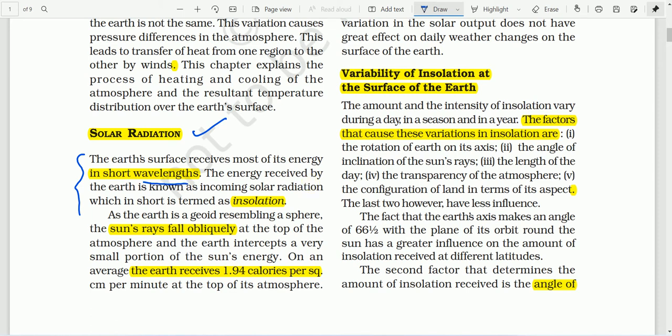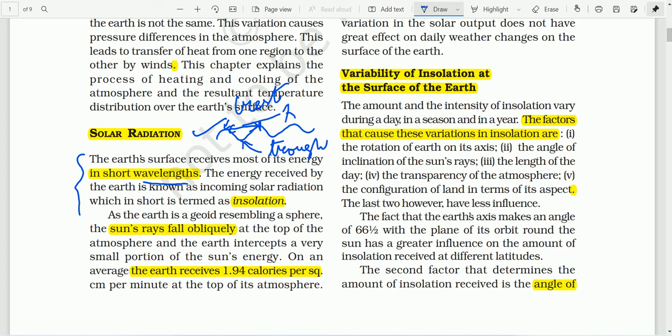Waves, you know. Say, for example, this is a wave. This is known as crest, and this is known as trough, and the distance between two crests here is known as wavelength.